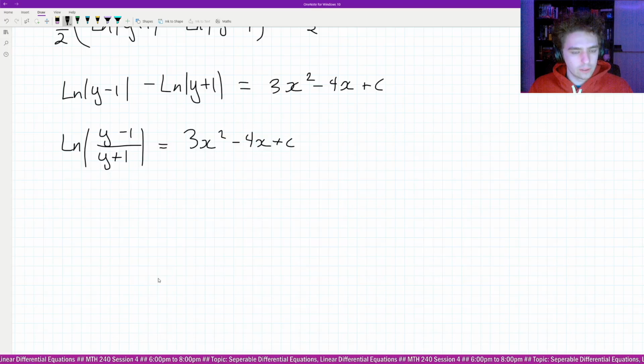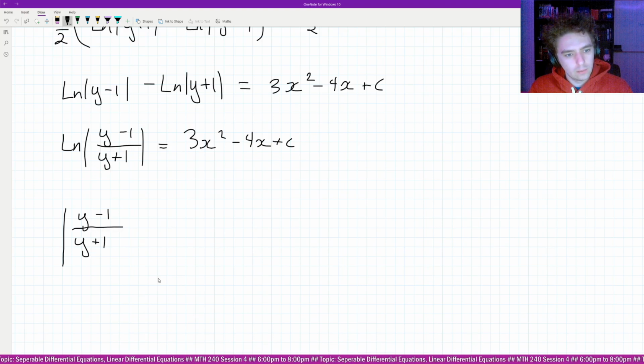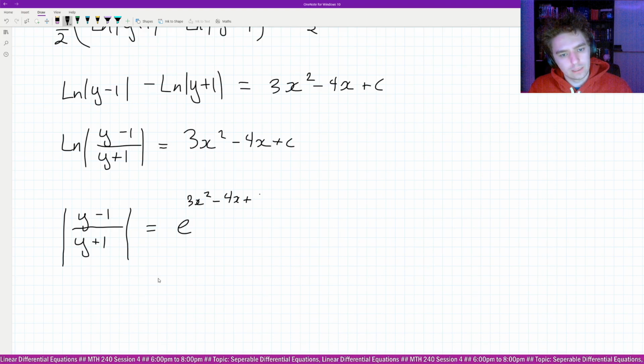The only thing we can do now is take e to the power of both sides. So the absolute value of y minus 1 over y plus 1 equals e to the power of 3x squared minus 4x plus c, right?